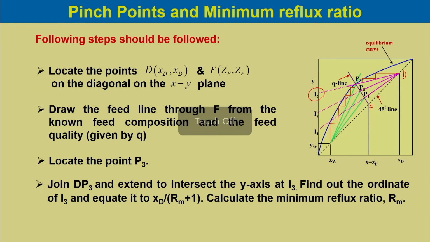This gives the y value corresponding to the pinch point, that is the minimum reflux ratio condition. So, once we get this, xd is known to us and the intercept is known to us, so we can calculate Rm.